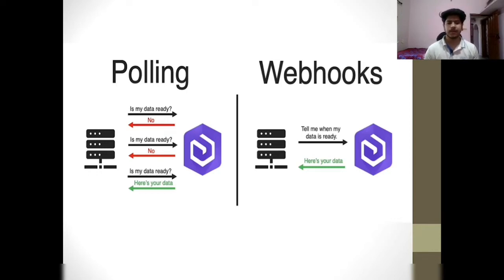When the data is ready, the server gives that data to the bot to process. But in case of webhook, it's not like that. Whenever you get an update in Telegram, the server will directly send that update to your bot. You don't need to ask every time.